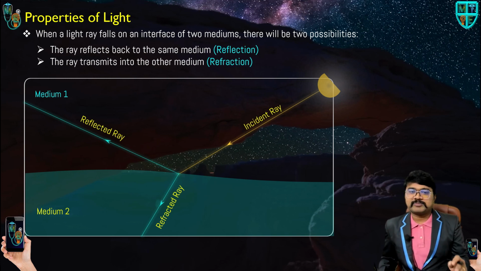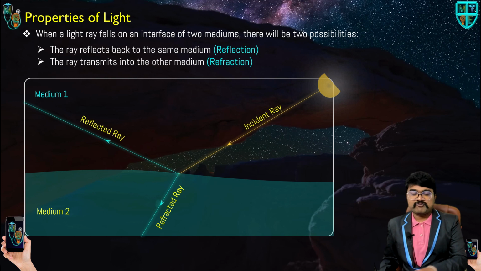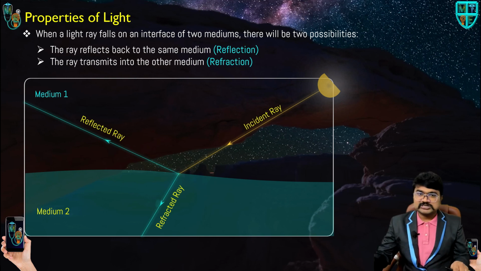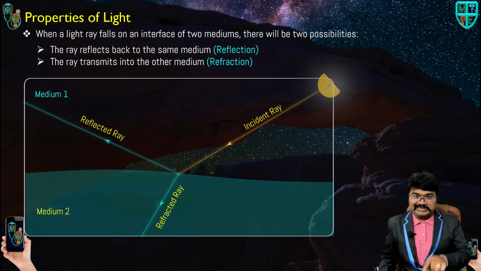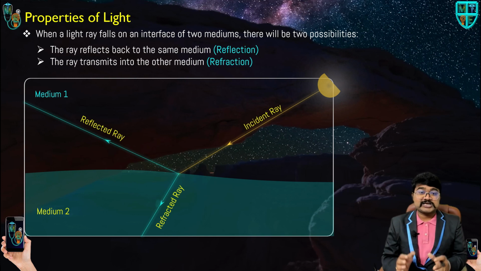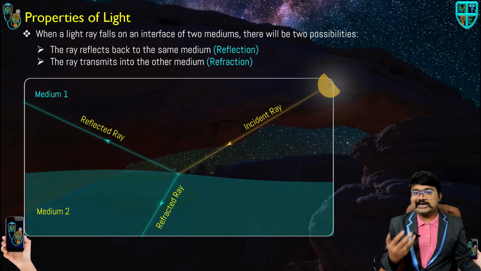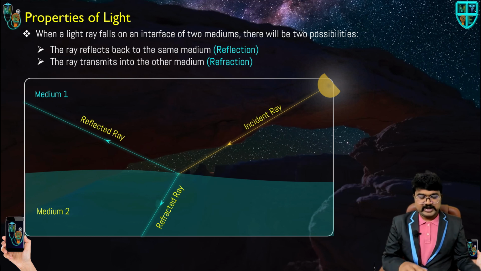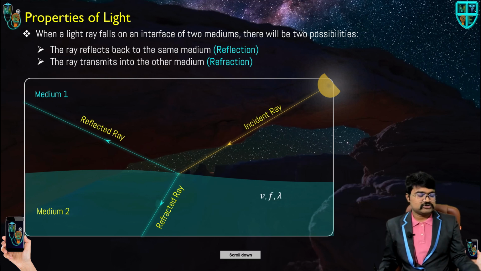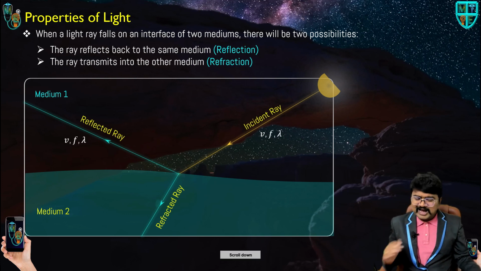The incident ray comes from medium 1, the reflected ray is back in the same medium, and the refracted ray transmits into the other medium. In case of the refracted ray, the medium will be different. So it transmits into the other medium. That is one of the important topics.